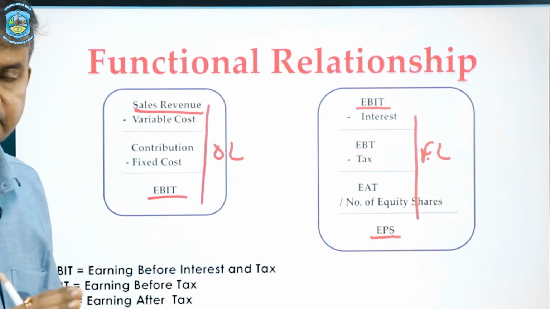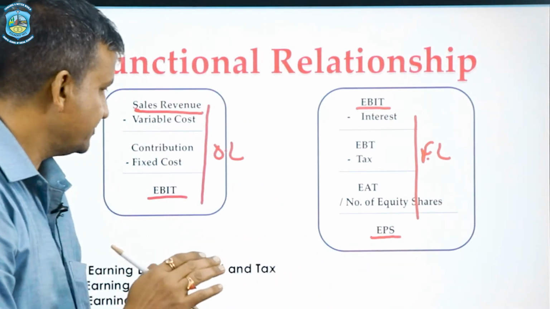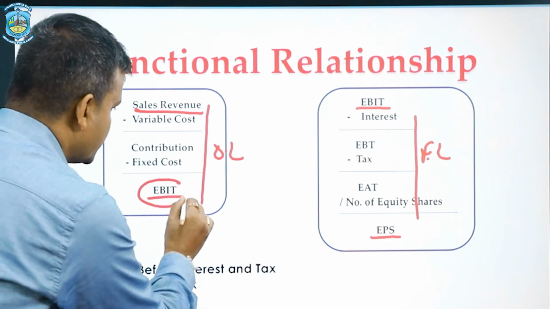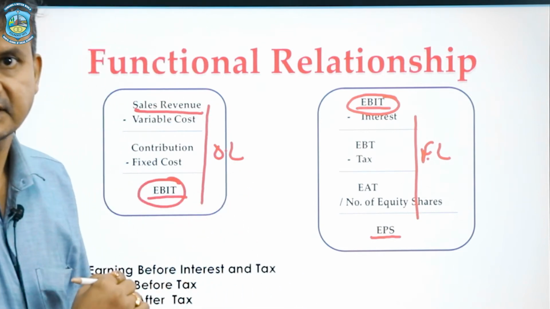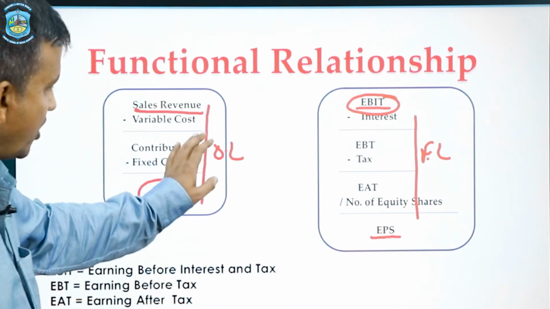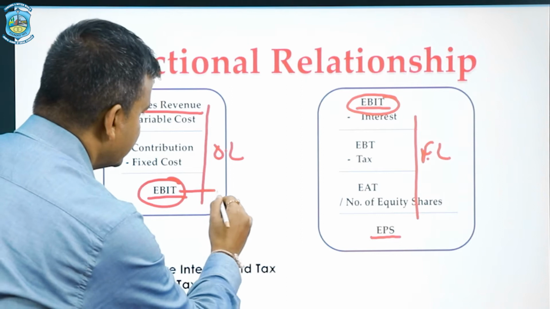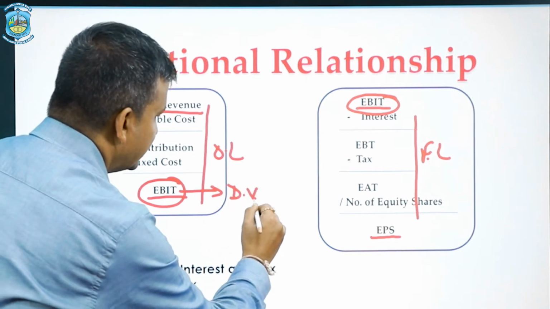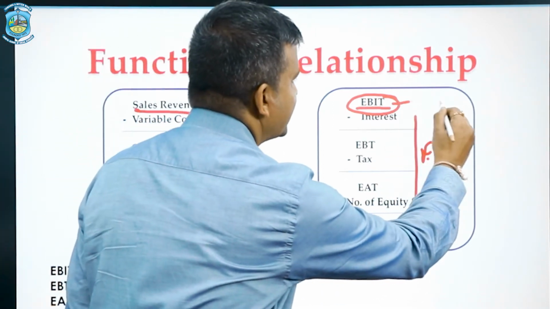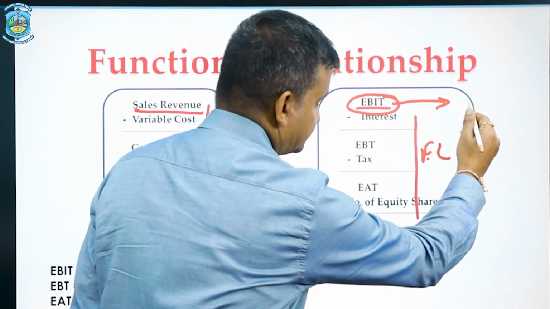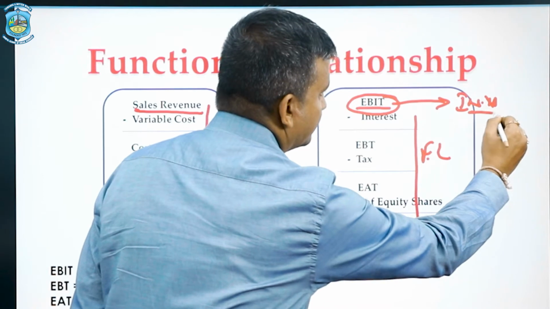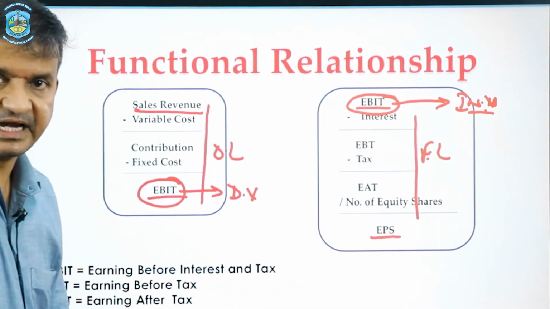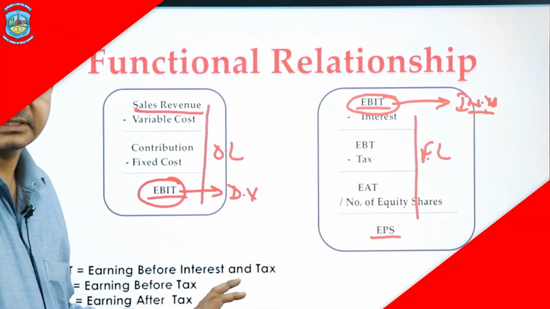In both these functional relationships, please make sure that EBIT is here also, and EBIT is here also. The point of difference is under operating leverage, EBIT is the dependent variable, whereas in case of financial leverage, EBIT becomes the independent variable.